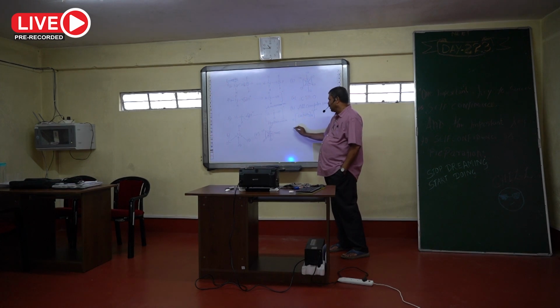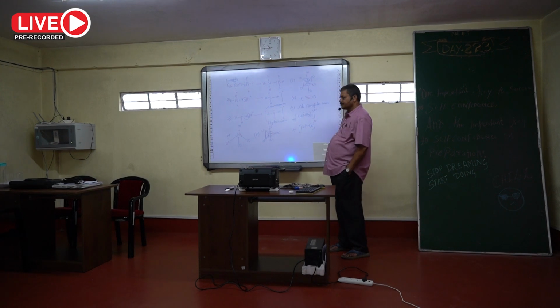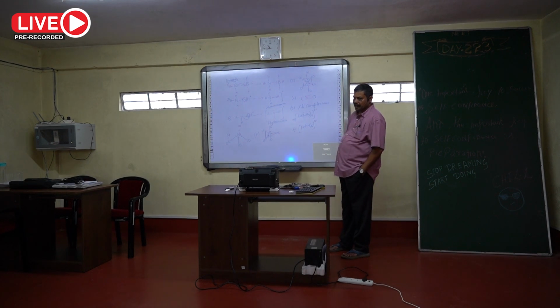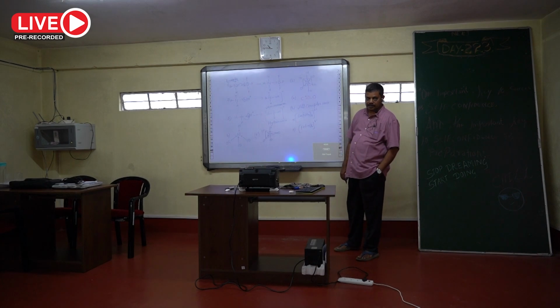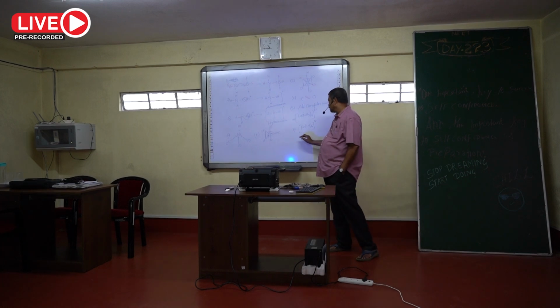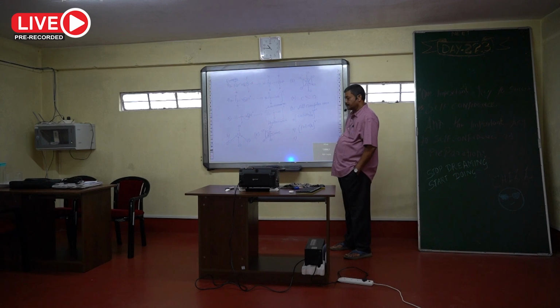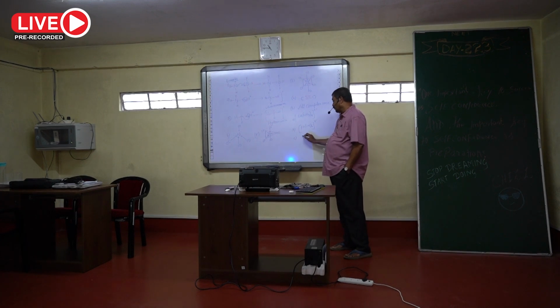B. Fe(CN)6 4 minus, ferrocyanide ion. C. Fe(CN)6 3 minus.